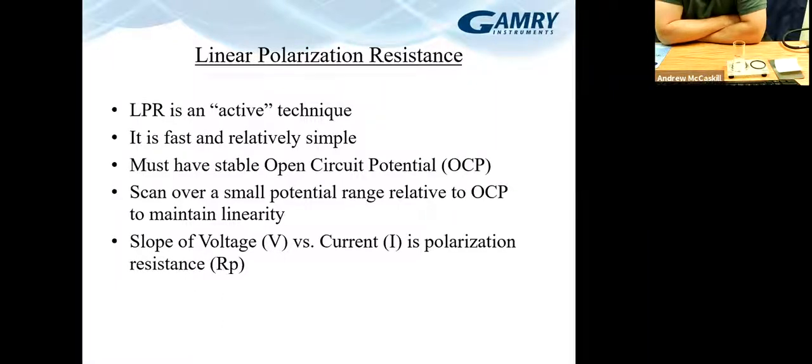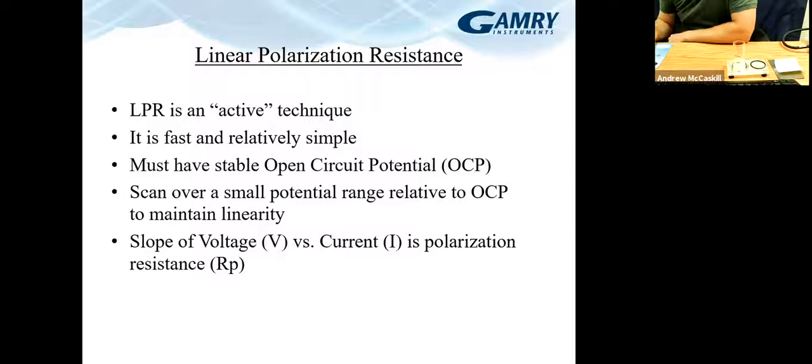You can get answers to those questions much faster than more traditional weight loss. Just do a mass measurement at the beginning, drop it into a corrosive environment, wait a few weeks, a few months, and then pull it out and see how much mass has been lost. It's kind of the tried and true method, but we're going to do this in about maybe 5 minutes to run one of the experiments. So 10 minutes in total to run both.